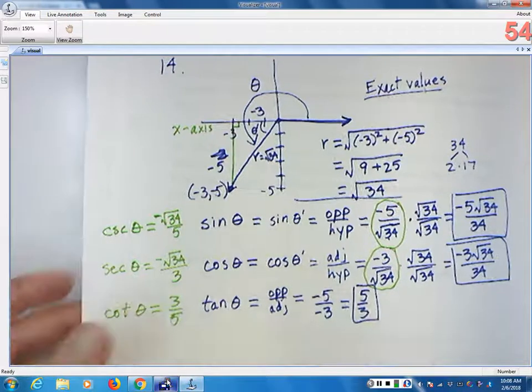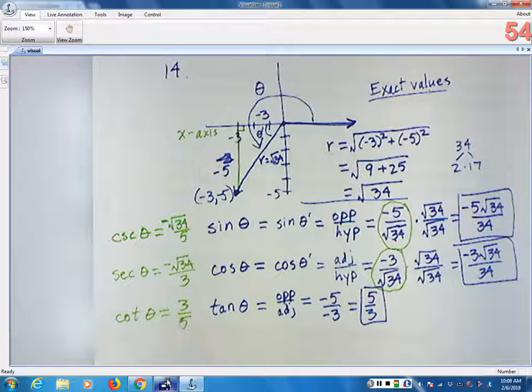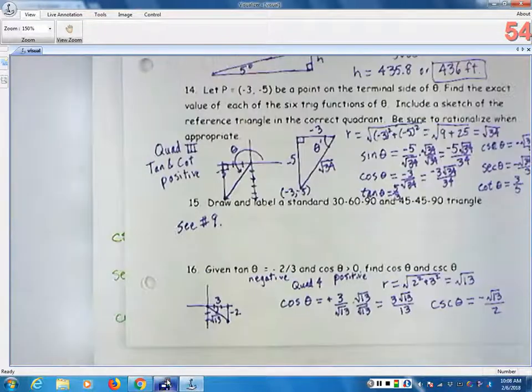Okay, the next one, there's 2 more. Well, the 15 we've already done. We already drew the standard, and 15 belongs in the non-calculator part.